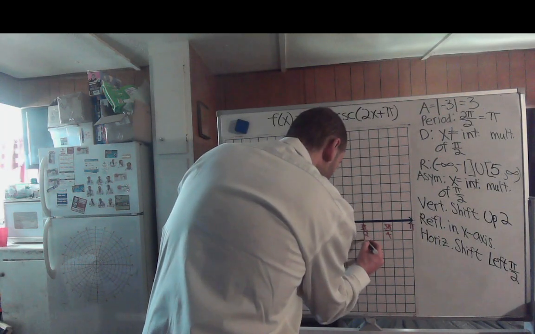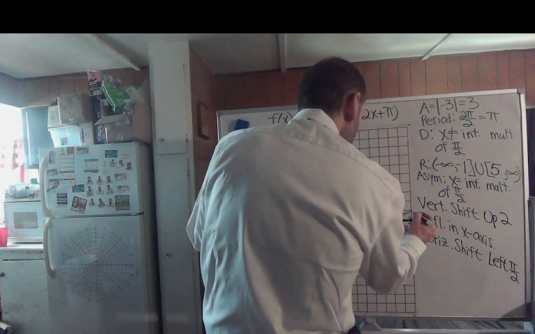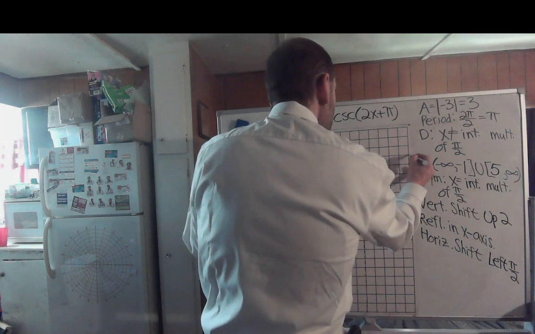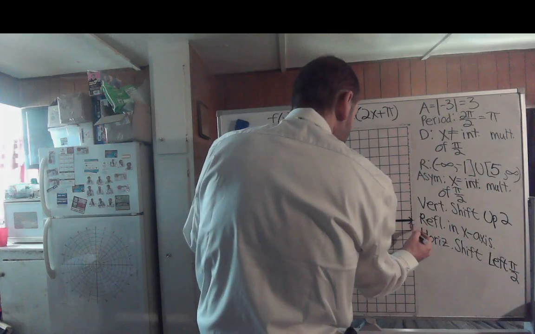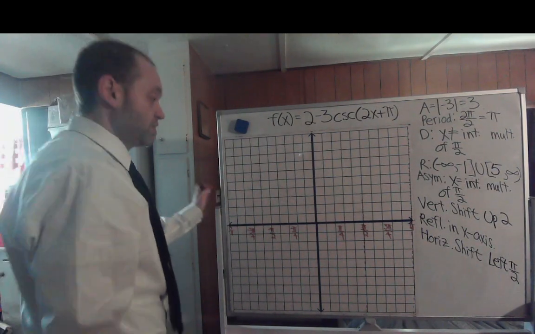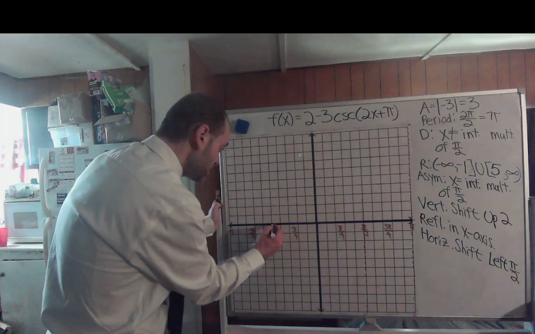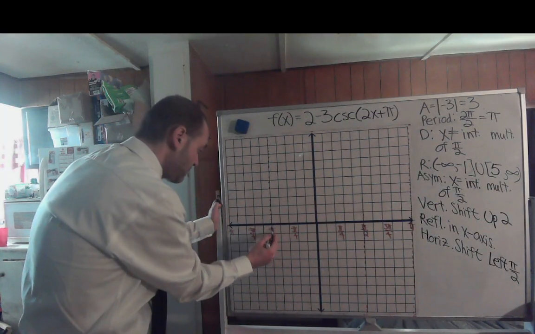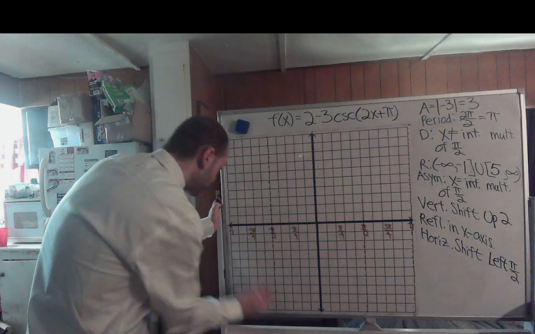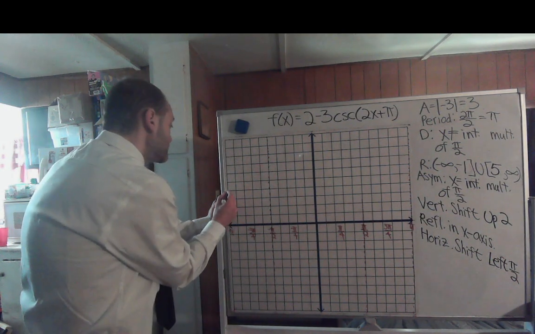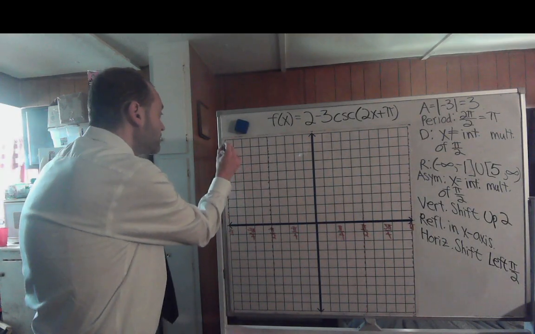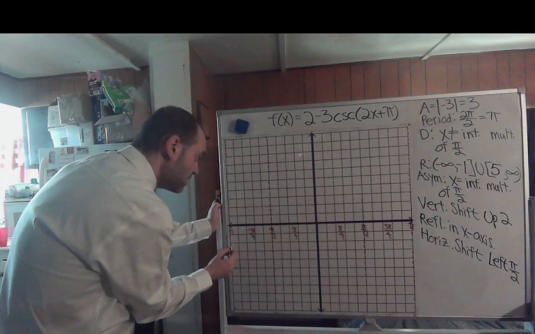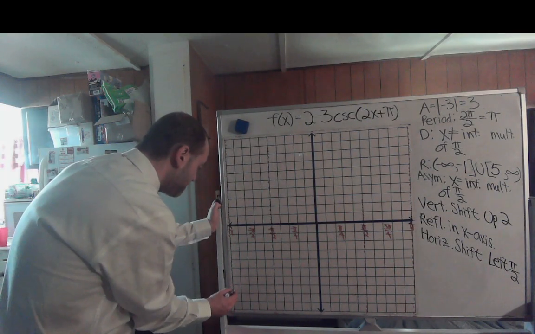So any multiple of pi over 2 will not be able to be accepted. Which makes sense because normally integer multiples of pi, if you divide that by 2, you would get pi over 2 for your asymptotes. So I got asymptotes at negative pi over 2, 0, pi over 2, and then pi.